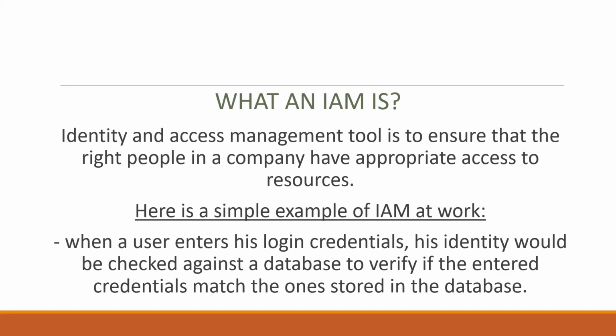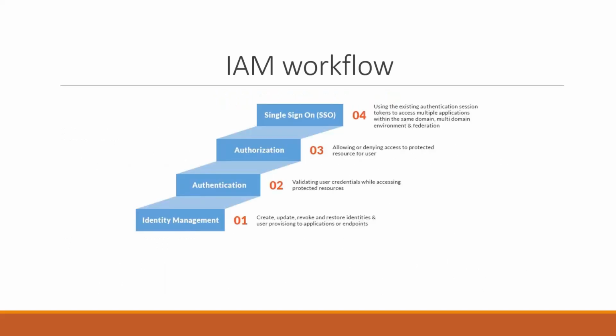Yeah, this is quite a simple example, but in truth, in present days, the process is a bit more complicated than that. So an IAM workflow today consists of 4 steps: identity management, authentication, authorization, and single sign-on. For identity management, the first step, you create, update, revoke, and restore identities, and provision users to applications or endpoints. The authentication step takes care of validating user credentials while accessing protected resources.